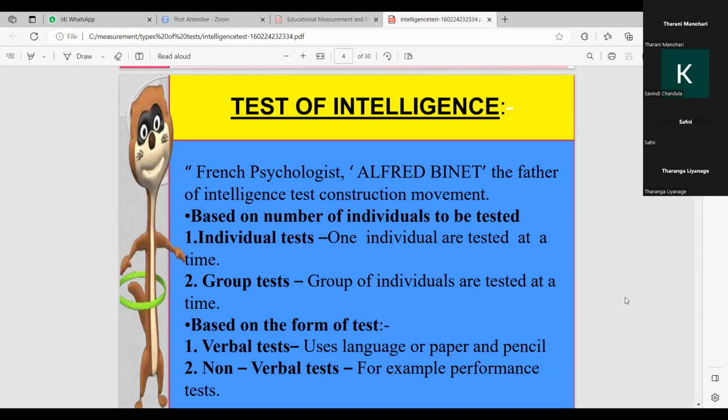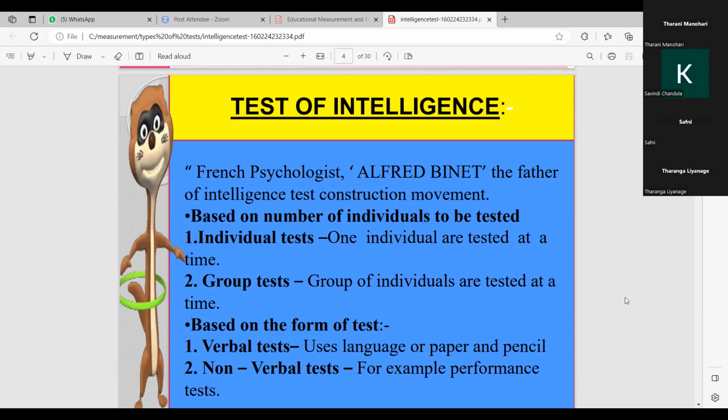So they give a group interview task. You are put into a group and a task is given, and then you are observed. Your work in the group is observed, and based on that, people give you marks. So, a group of individuals is tested at a time.